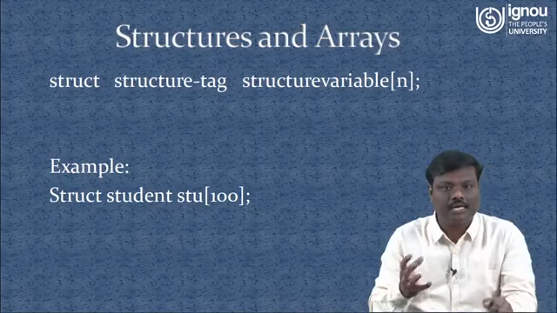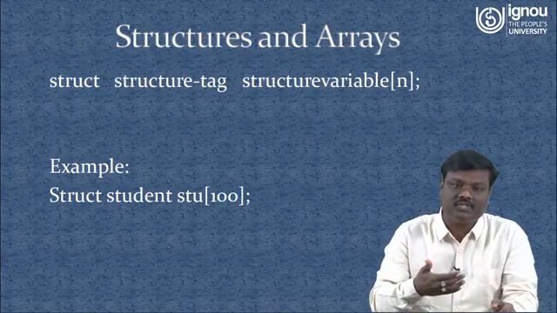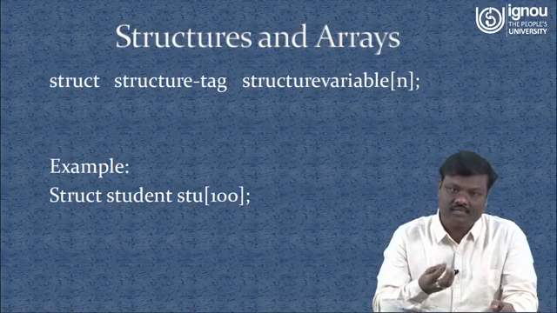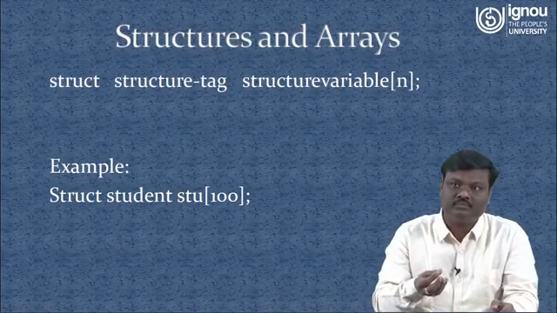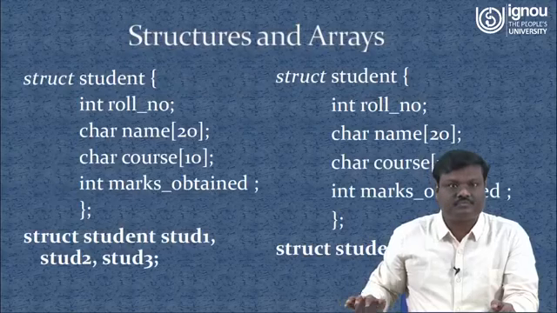Then all the data can be scanned inside. If you want to print the details of all the students onto the screen, then also you write one for loop, put the limits and then display the things.